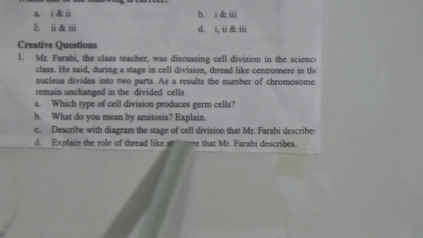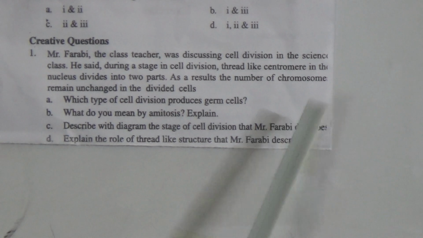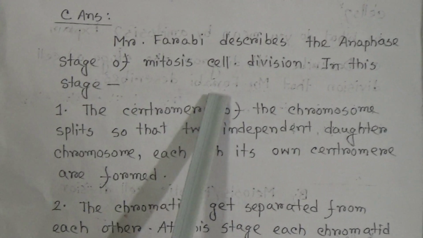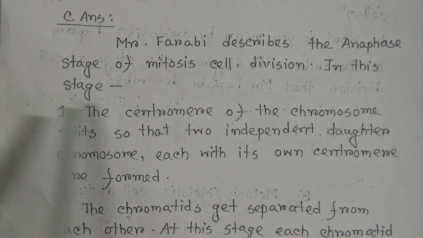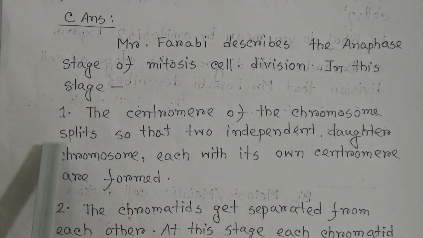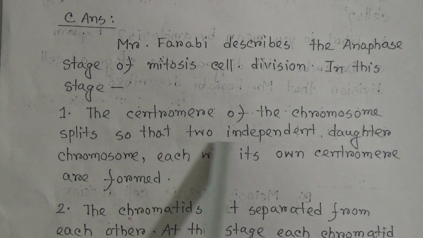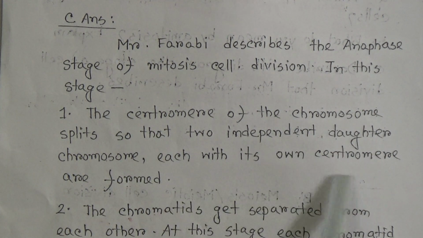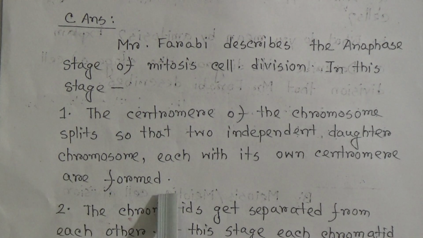Now next, question C, describe with diagram the stage of the cell division that Mr. Farabi describes. My dear students, according to the stem, Mr. Farabi describes the anaphase stage of cell division, and in this stage the centromere of the chromosome splits so that two independent daughter chromosomes each with its own centromere are formed.